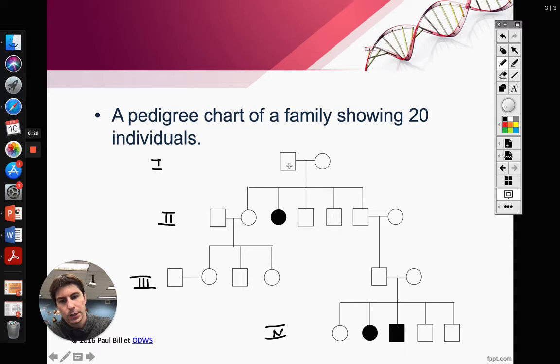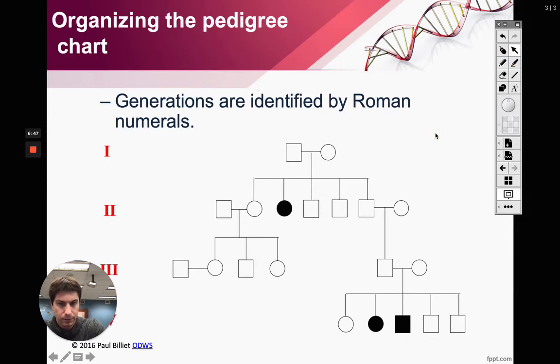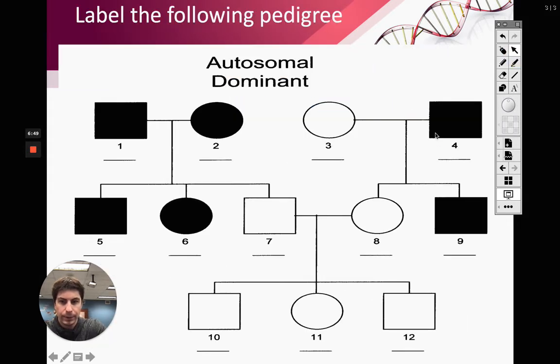Okay. In these different generations, you can see only 3 individuals are affected. That female, and that male, I don't know what the condition is, but they are affected. Everyone else is not affected. Okay, we already went over that one.